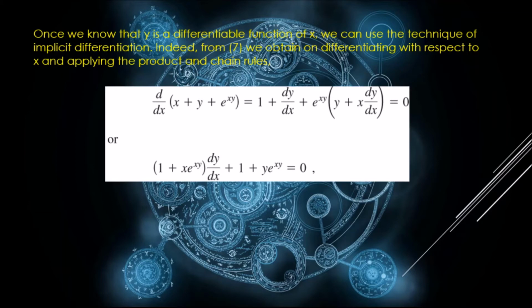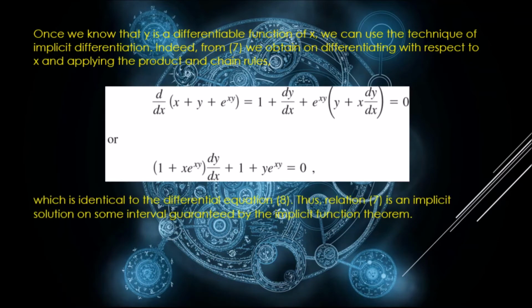Or simplifying, we obtain quantity 1 plus x e raised to xy dy over dx plus 1 plus y e raised to xy equal to 0, which is identical to the differential equation. Thus, the relation 7 is an implicit solution on some interval guaranteed by the implicit function theorem.